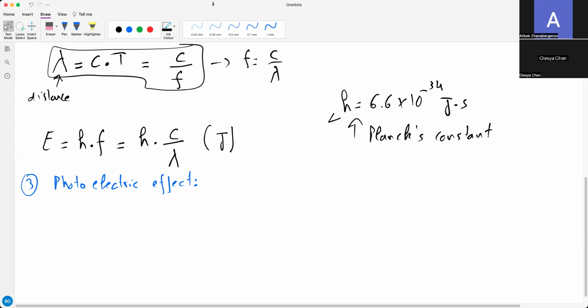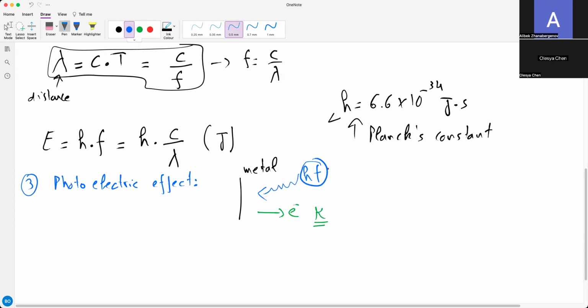So you have a metal, and under some conditions, if you have light with sufficient energy, then you get an electron or some electrons extracted. So here, what do you have? You have the kinetic energy of the electrons.